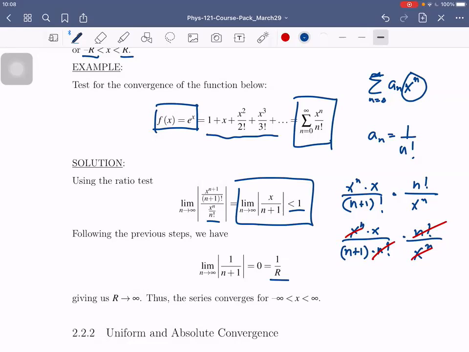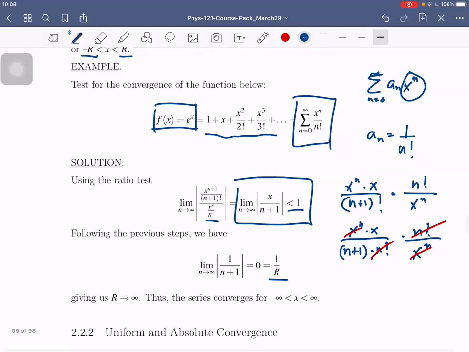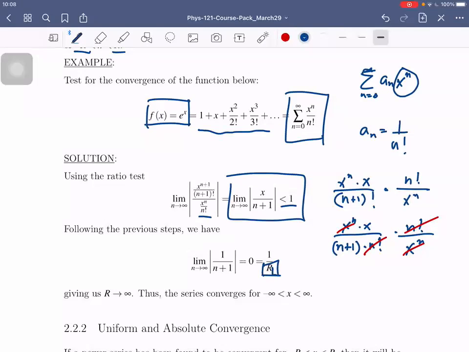Meaning, 1 over r is 0. So, kailan ba magiging 0 yun? Kapag yung r mo is extremely large. So, in this case, is infinity. So, ang ating interval for convergence is negative infinity to positive infinity, or we can say all set of real numbers. Okay? So, ibig sabihin niya, ang exponential function is valid everywhere.